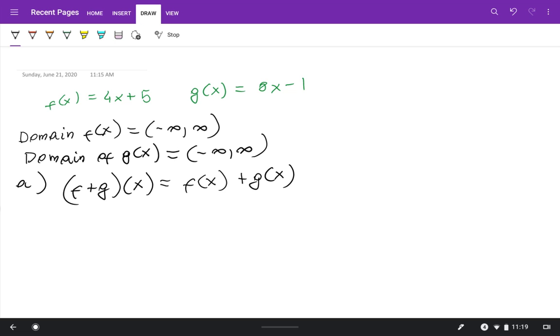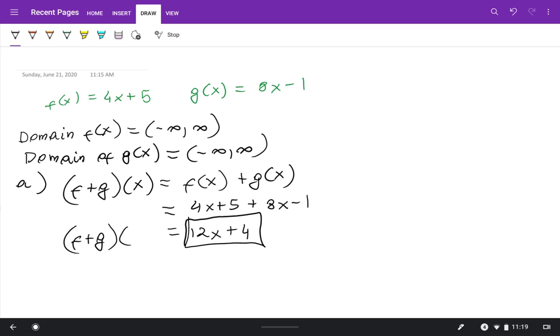So the sum of those two functions will be the equation of function f, which is 4x plus 5, plus the equation of function g, which is 8x minus 1. When you're adding those two functions together, just combine like terms, and that will give you 12x plus 4. So this is the answer. This is the new linear function, f plus g of x.